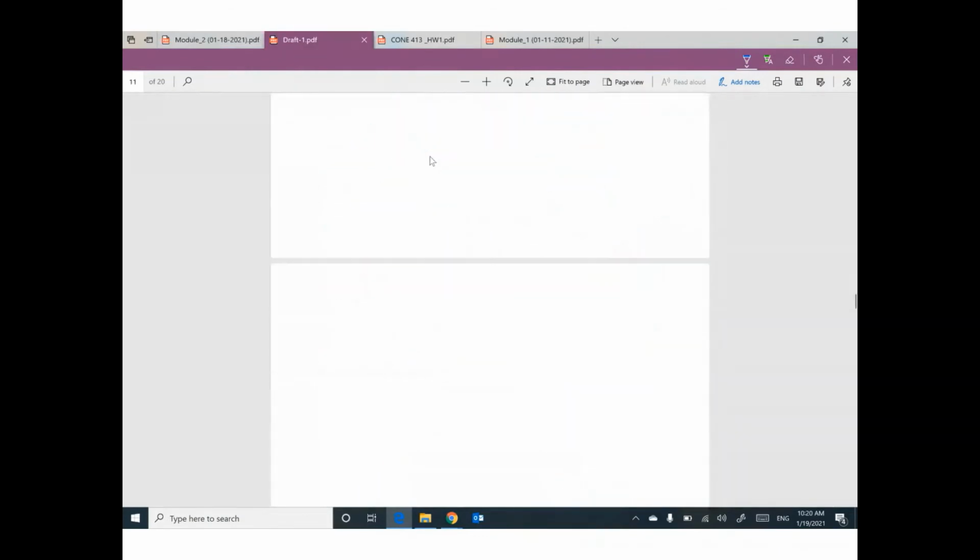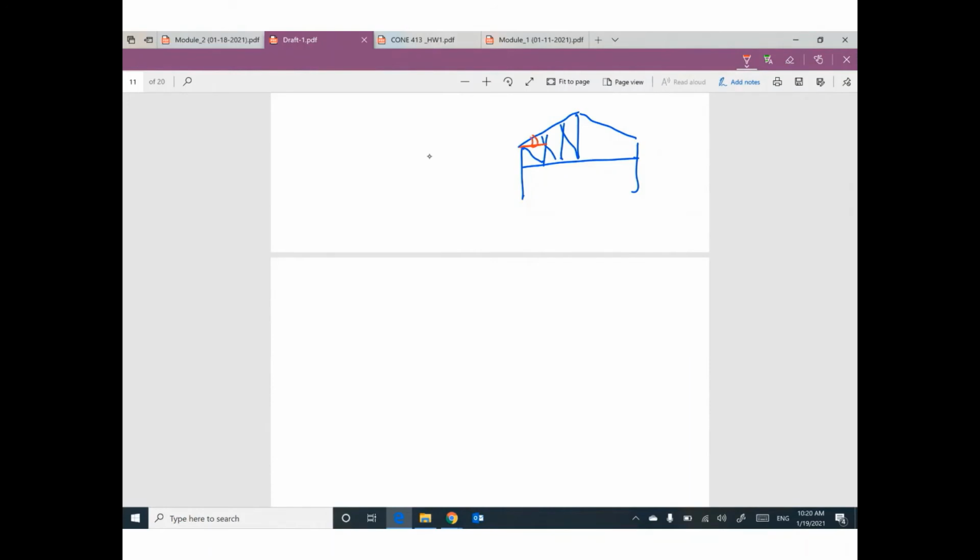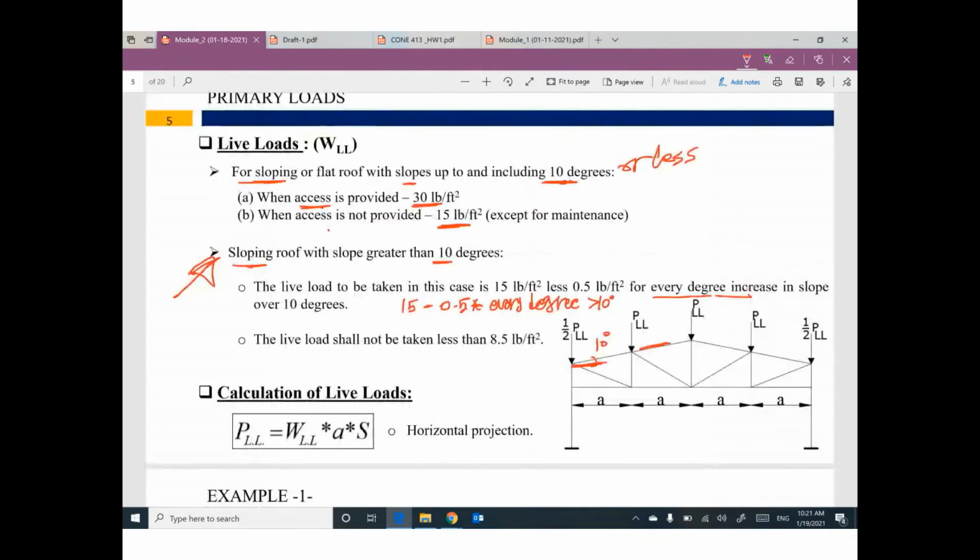Okay. We have a truss. The layout of this truss give you this angle like 15 degree. What is the value of live load I'm gonna use? First case, if the sloping angle is 10 degree or less, I'm not in this case.